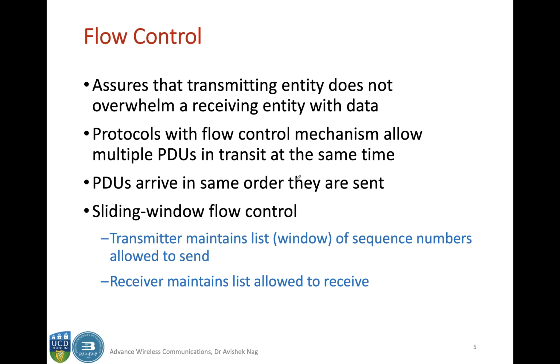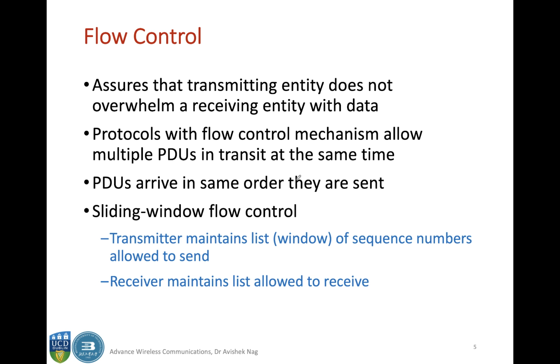Flow control assures that the transmitting entity does not overwhelm a receiving entity with data. So that's the first assurance of flow control.